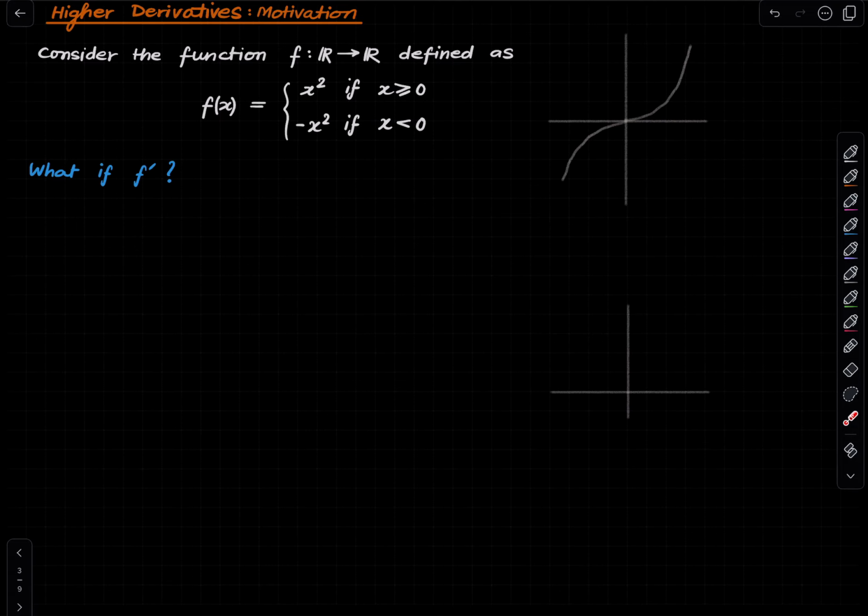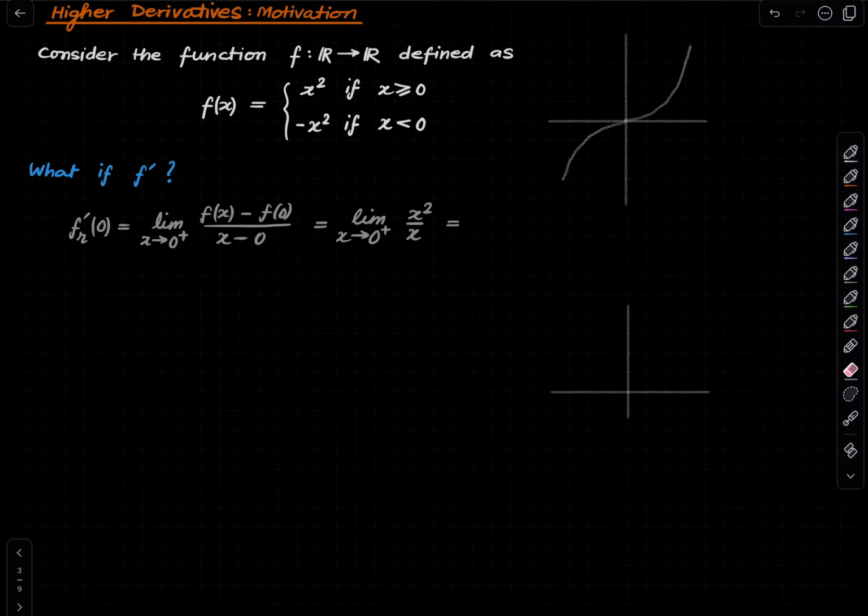And if you just think about it, the right derivative, which we denoted like this, at 0 is 0, because what is it? It is the limit as x approaches 0 from the right of f of x minus f of 0 divided by x minus 0, which is this limit, which is 0.